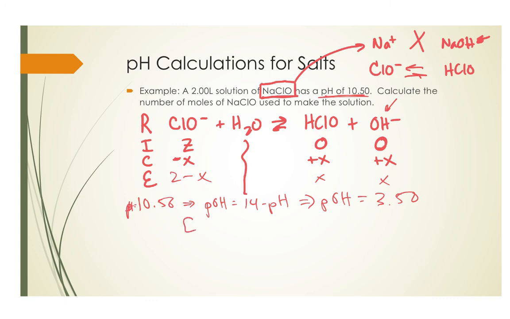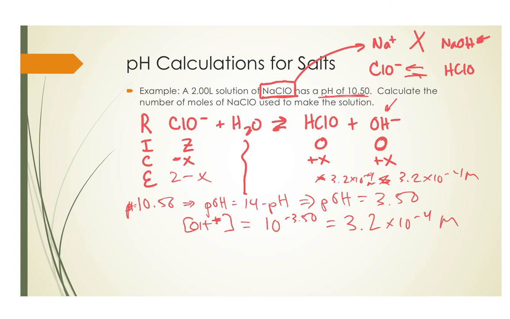That then means that my concentration of OH minus equals 10 to the negative 3.50, which equals 3.2 times 10 to the negative 4th molar. So I'm just going to replace that: 3.2 times 10 to the negative 4th molar for X. And then Z minus X would be Z minus 3.2 times 10 to the negative 4th molar.